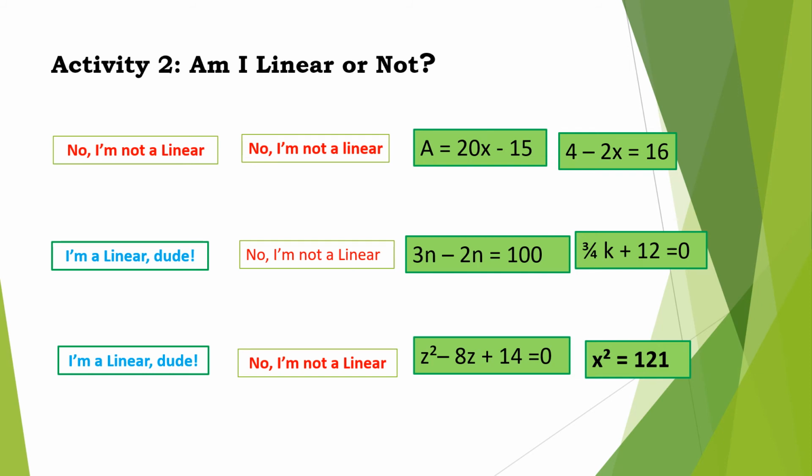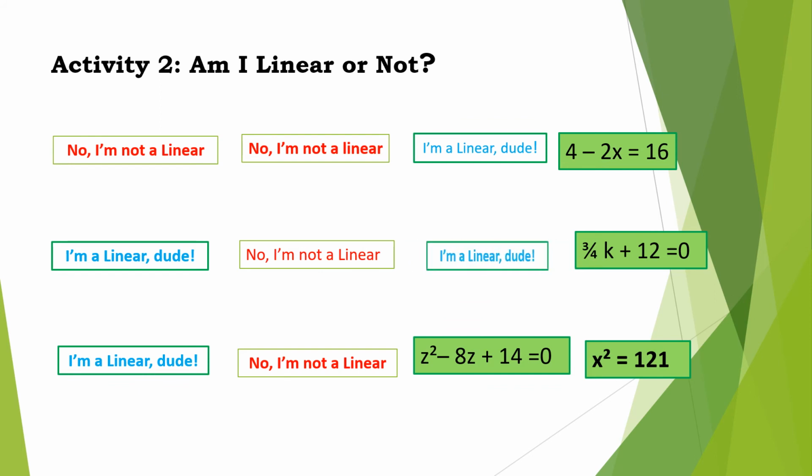How about this one? Is this a linear again? A is equal to 2x minus 15. Yes, I'm a linear. Okay, the next equation, z squared minus 8z plus 40 is equal to 0. That is not a linear. How about this one? 4 minus 2x equal to 16.